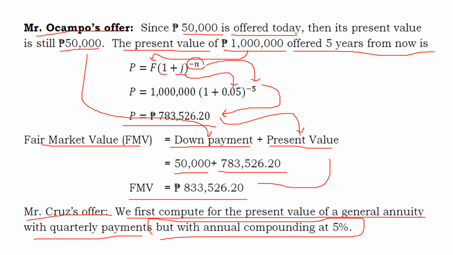But here, as you can see, the fair market value of Mr. Campos' offer, you need to take note of this because we're going to compare this fair market value to the fair market value of what Mr. Cruz offered.